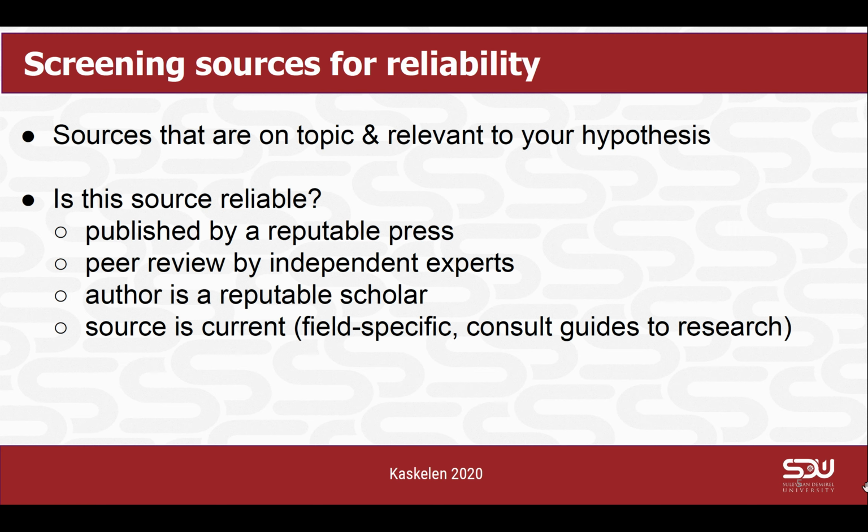And the currency is really field specific. So in computer science, stuff that was published 2 months ago might become obsolete. So check, it depends on your discipline. And so in this case, a good idea might be to consult guides to research in your field, or sometimes those guides exist for specific topics.